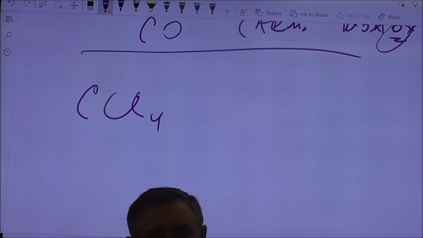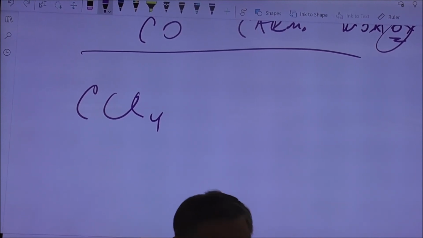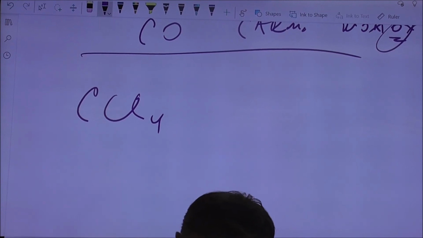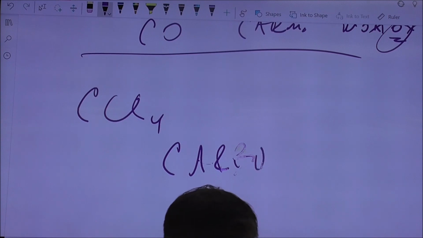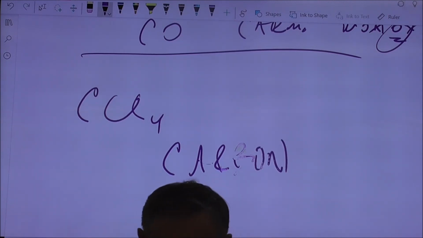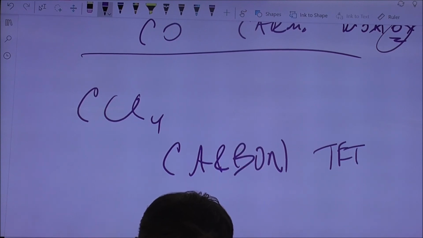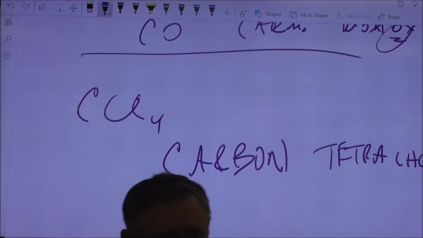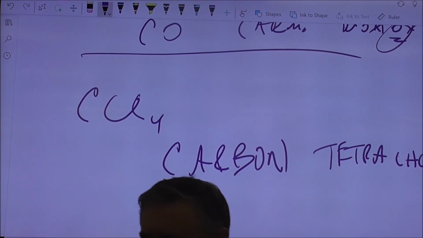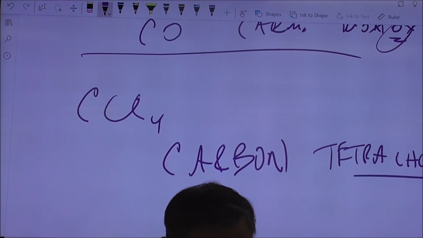So notice I've got one carbon surrounded by 4 chlorines. So this is going to be carbon, and then what am I going to do, Luke? What's a prefix for 4? Tetra. Yeah, so this is going to be carbon tetrachloride. It's an industrial solvent. It's fairly nasty. If someone ever offers you a drink of carbon tetrachloride, don't take it. Okay? Bad things are going to happen. I'm just telling you, bad things are going to happen.